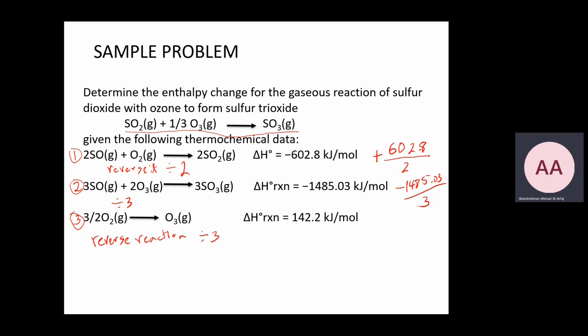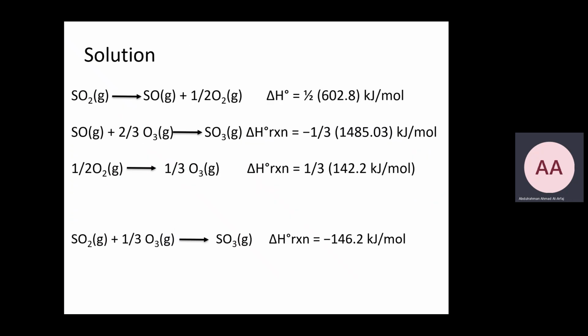As a result, delta H will be minus 142.2 divided by 3 also. Now, if you add everything, you will get the answer, and I hope we did it. And if not, these are the solution. Now, that's what I did. Keep the second one, but divide by 3, and the third one, reverse it. And this is how to calculate the solution. I hope this is clear.